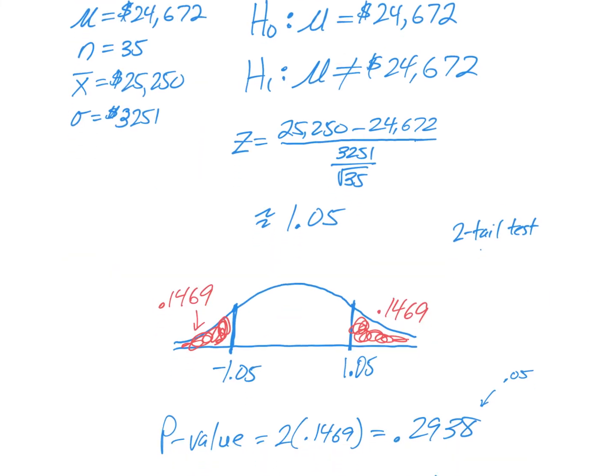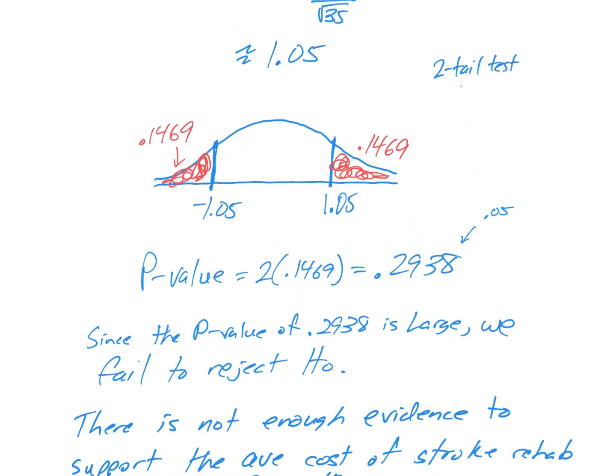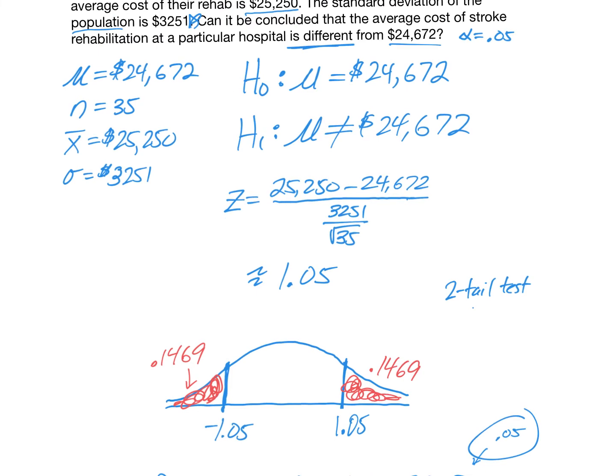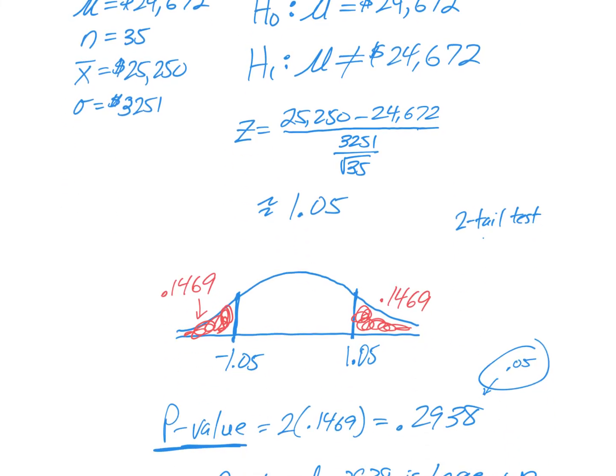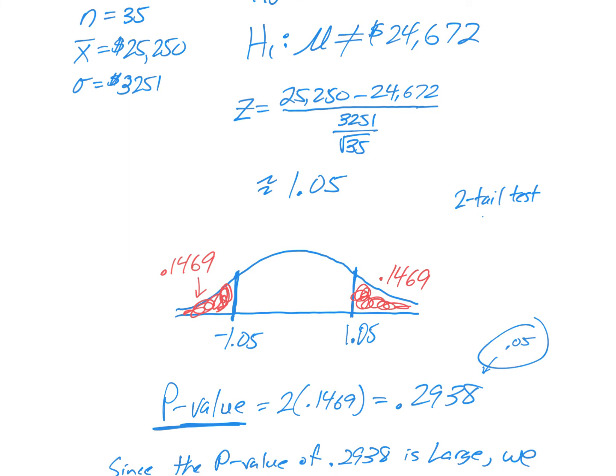So let's reiterate a couple things with our first 2 examples. You're always going to compare your p-value with the level of significance. Right now, 0.05 is the one that we are going to be using. If we have a not equal to, then you have a two-tail test. Let me go back.